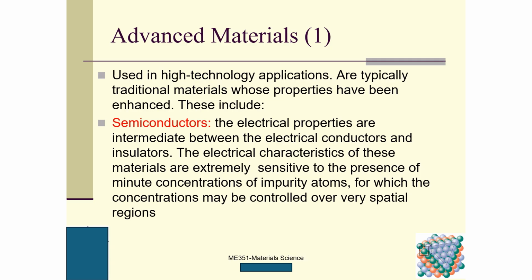So these include the semiconductors. Semiconductors are not conductors, and they are not insulators. They are special materials located in between. For these semiconductors, the electrical properties are intermediate between conductors and insulators, as I said.